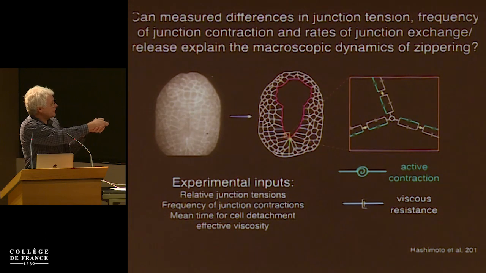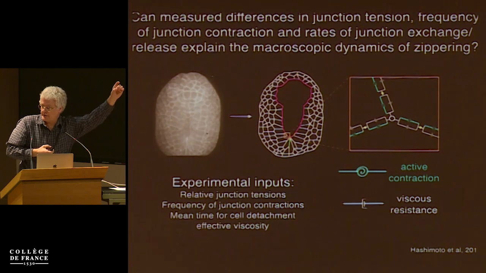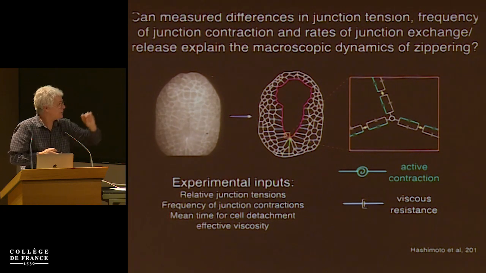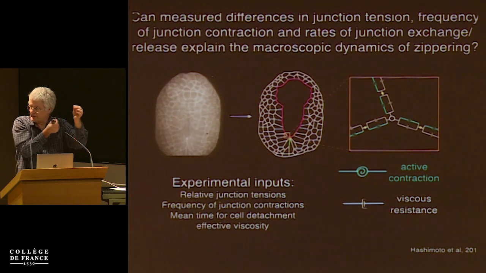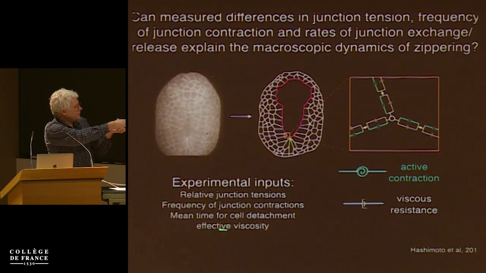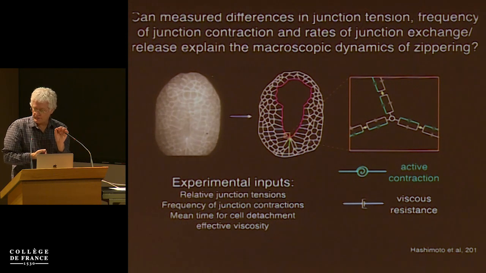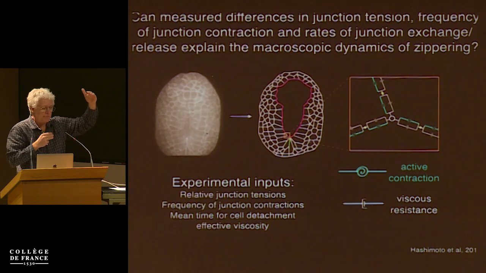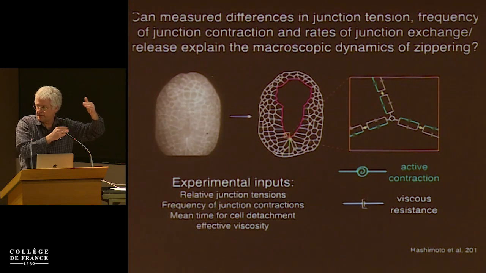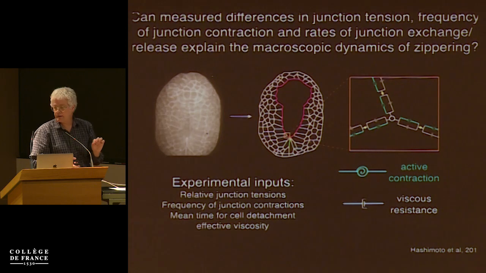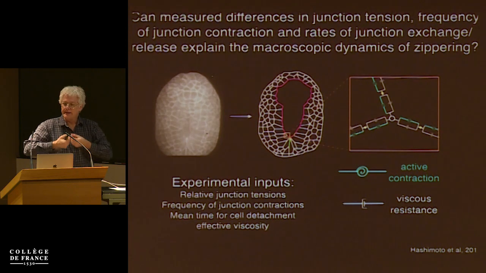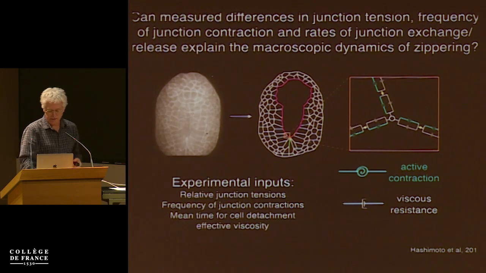We can also put into these simulations the measured frequency of these junction contractions that go in sequence just ahead of the zipper, and the mean time for cells to detach behind the zipper. And we can also pin the value of the effective viscosity by tuning that parameter such that the rate of contraction of junctions just ahead of the zipper matches what we measure. So we can essentially constrain every parameter in this simulation and ask, is this sufficient to explain the dynamics?